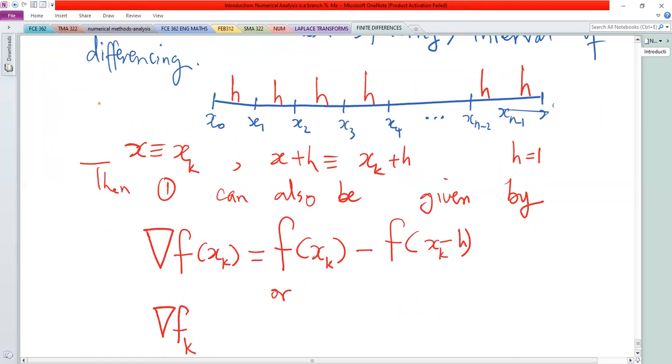Remember, f of xk can as well be written as fk. So this will be given by fk minus, when you let h be 1, fk minus 1.